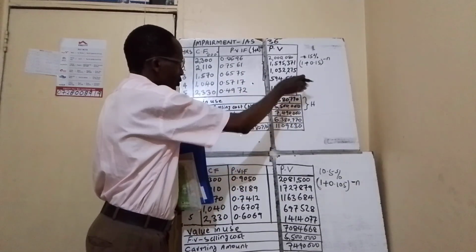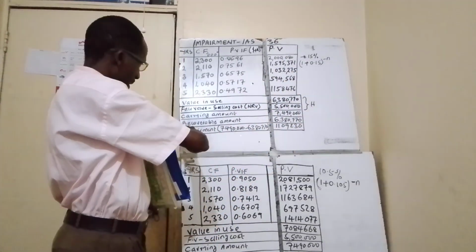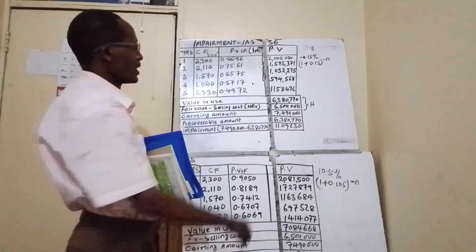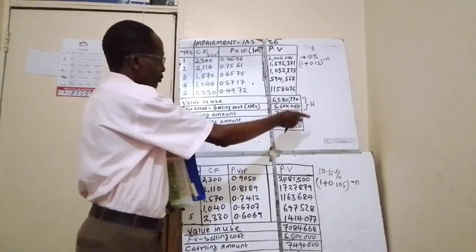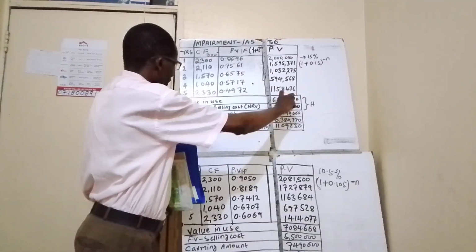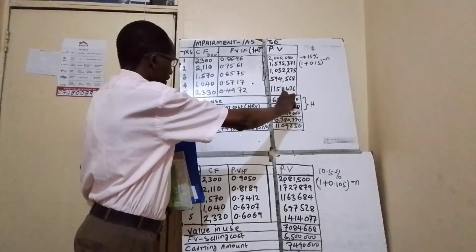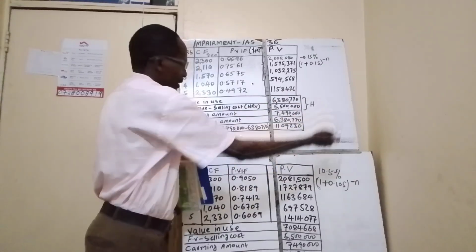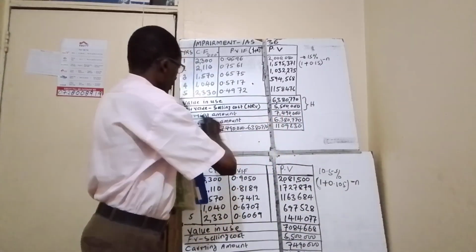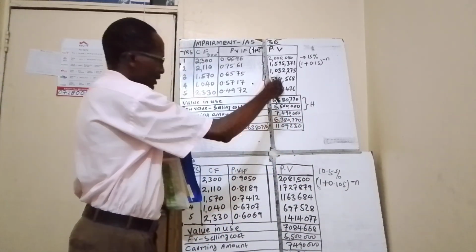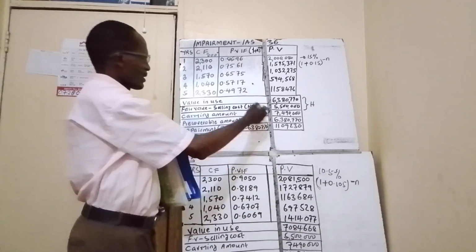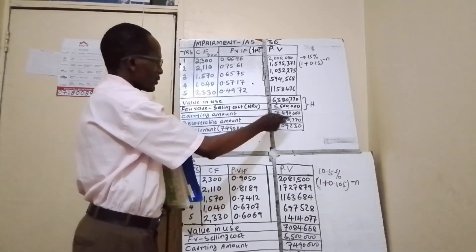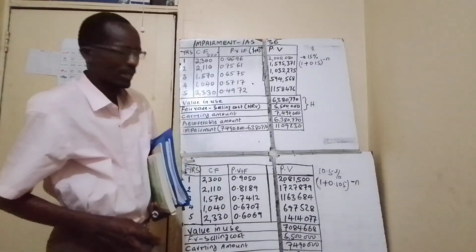I compare these two, I take the higher, and then I compare with the carrying amount, which I will show you in a while. So I compare 7490. Remember here, my recoverable amount will be 638770 because you are taking the higher, compared with the carrying amount. You can see the carrying amount is more than the recoverable amount. Therefore, that asset has been impaired.